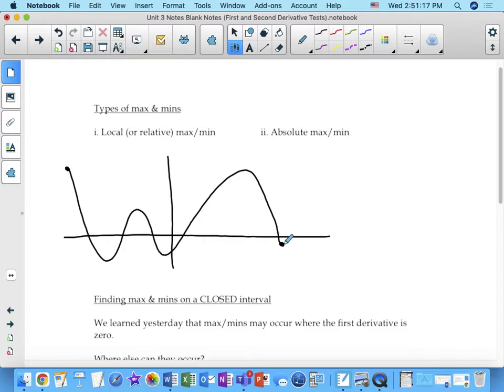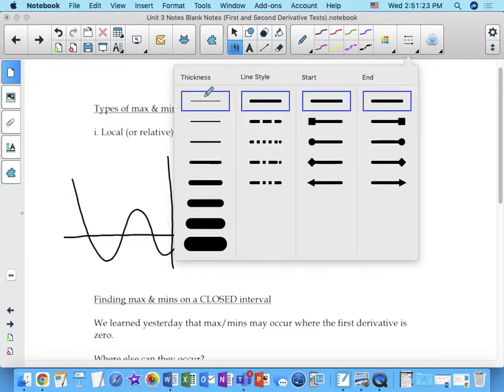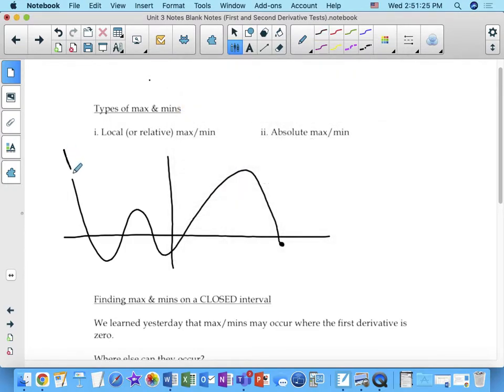Actually, no, I'm going to make this one a little higher. There we go. That's better. So you guys have seen something like this before, I assume? Yes? Okay, cool.